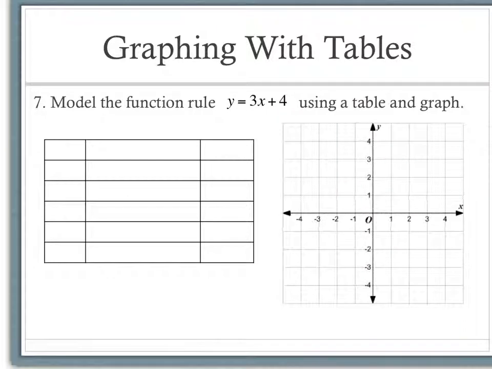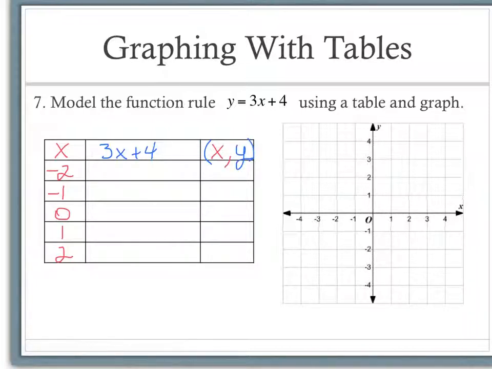In our next example, we're going to model the function rule y equals 3x plus 4, again using a table and a graph. So I'm going to mark my x values, again using negative 2, negative 1, 0, 1, and 2. I'll put my function in the middle, 3x plus 4, and then I will put my coordinates x, comma, y.